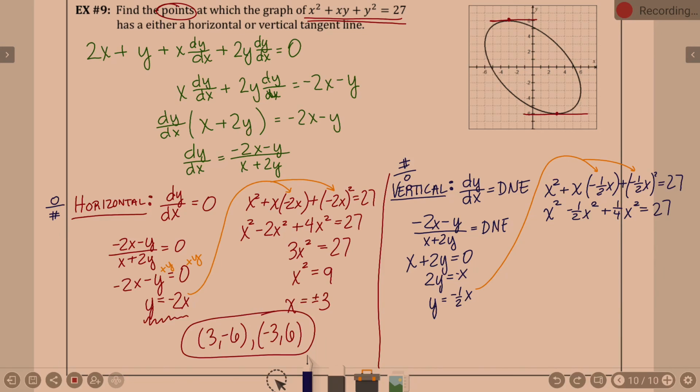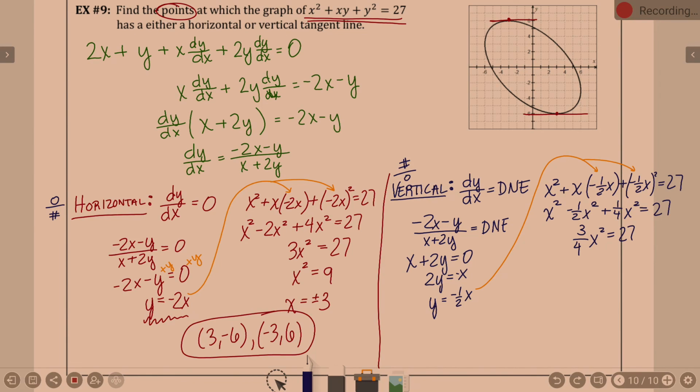My brain says 1x squared minus 1/2 x squared is a 1/2 x squared. A half plus a fourth? 3/4, right? 2/4 plus a fourth. So this is 3/4 x squared equals 27.